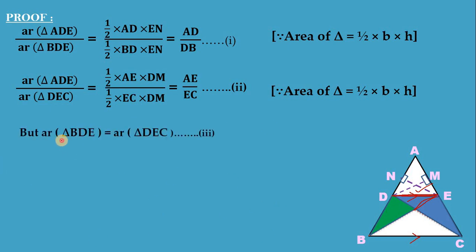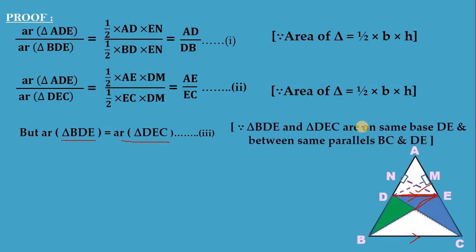Therefore, I have written area of BDE equals area of DEC, and call this equation number 3. Write the reason: BDE and DEC are on the same base DE and between the same parallels BC and DE.